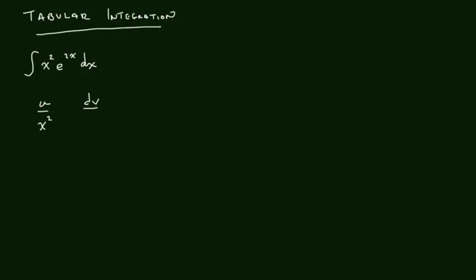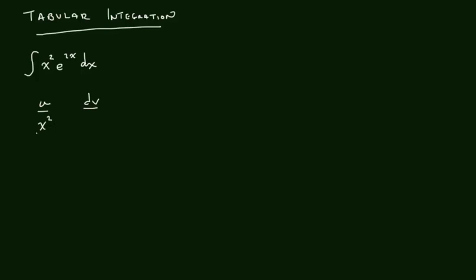Now if you keep taking this derivative, it must exhaust itself to 0. So the first derivative would be 2x, the second derivative would be 2, the third derivative would exhaust to 0. No matter what this is, even if it were x to the power of 10, it will exhaust itself to 0.